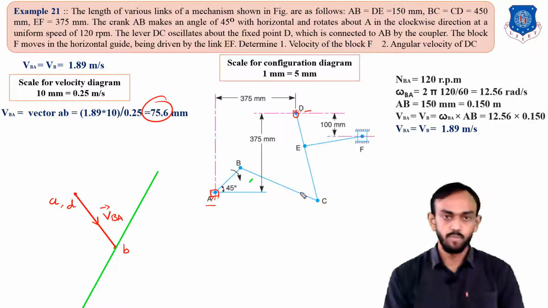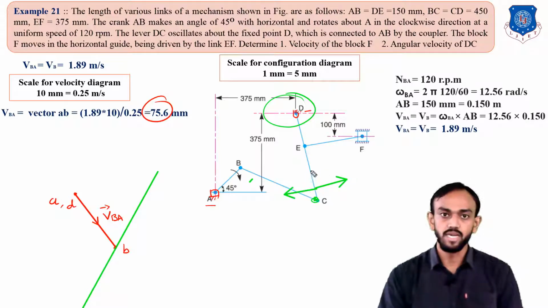Now you can see this C point is also on the DC link. So with respect to this D point, the velocity of C may be in this direction also. So we will take the perpendicular to this DC link and draw it from this D point.